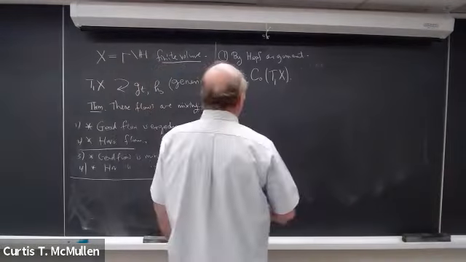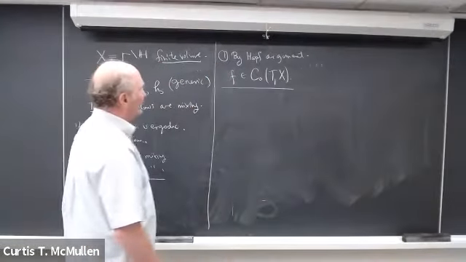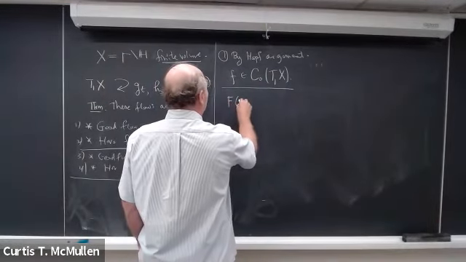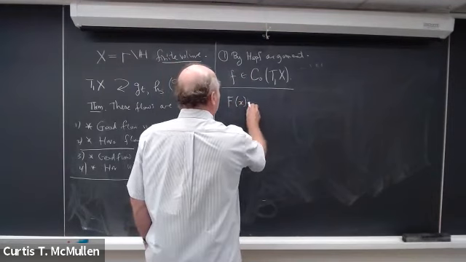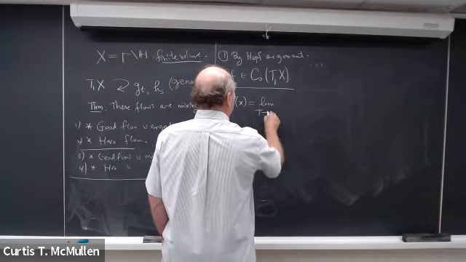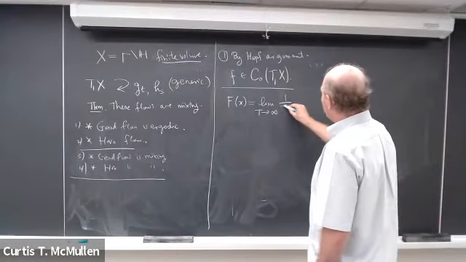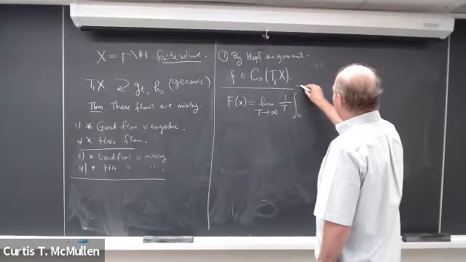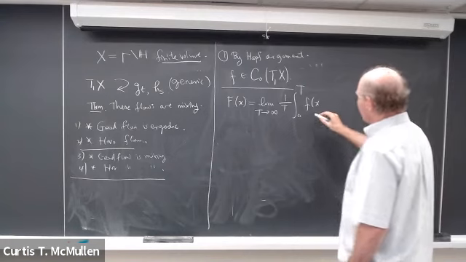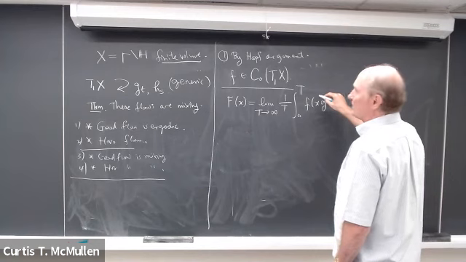We want to study the ergodic averages of this with respect to the geodesic flow. So we form a function, capital F of little x, which is the limit as capital T goes to infinity of the usual thing, 1 over T, the integral from 0 to capital T, of the value of this function at x. And now I'm going to try to be careful here, applying the geodesic flow on the correct side.